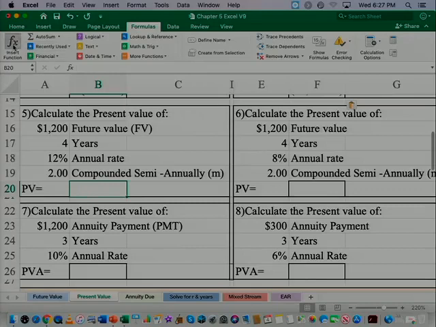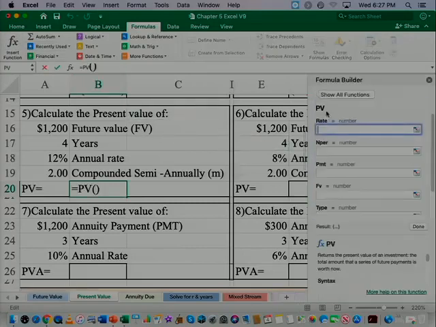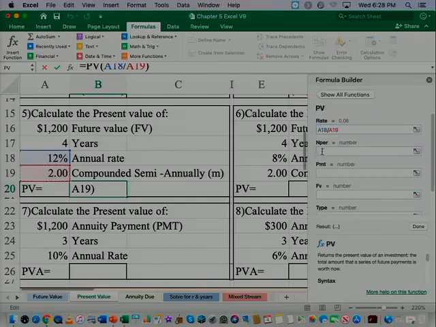So when we calculate this, we just have to remember, we take the rate and we divide by frequency. Rate should be smaller, but the number of periods, N per, should be larger since we take the years and we multiply by the frequency. So if it's semi-annual, twice a year for 4 years, that's 8 periods. That's why N per should be 8. And then we pop in the future value.